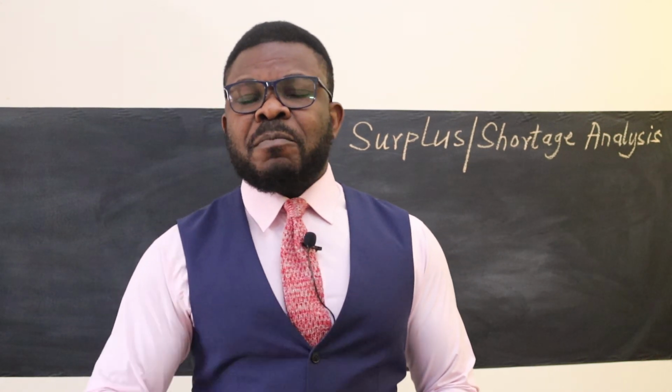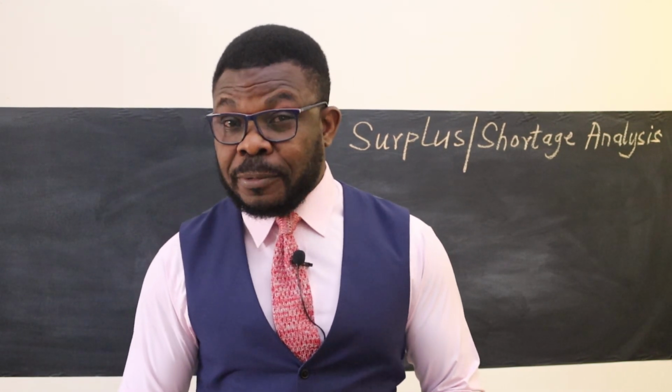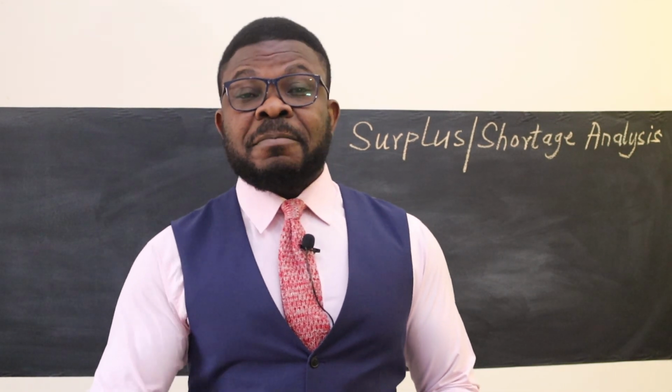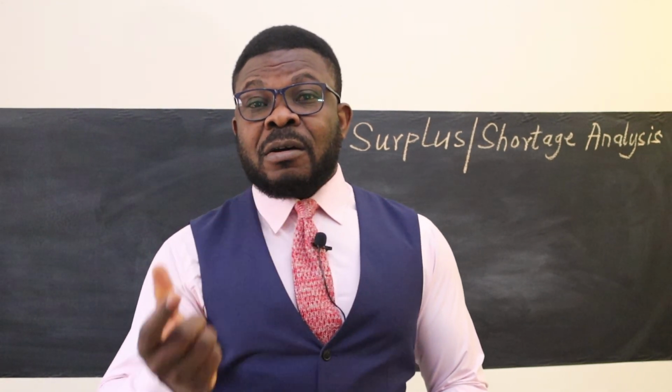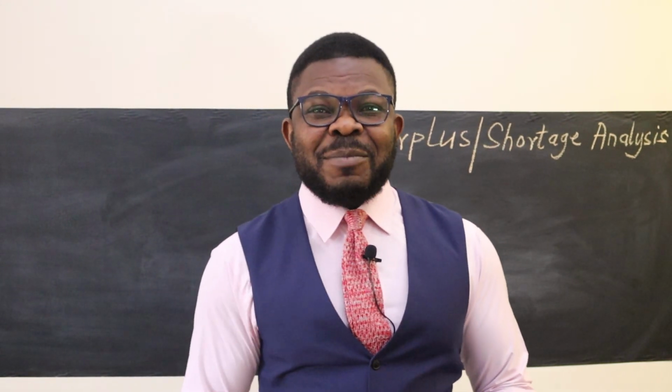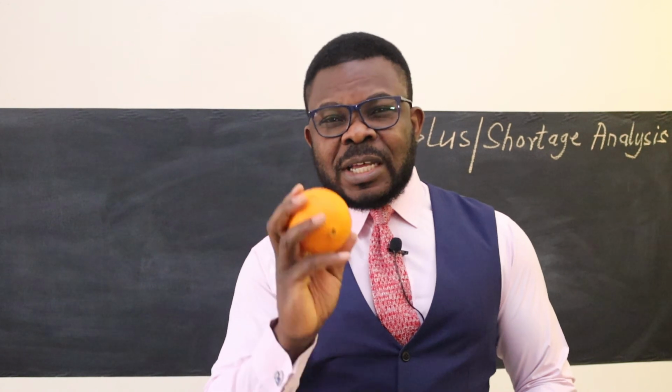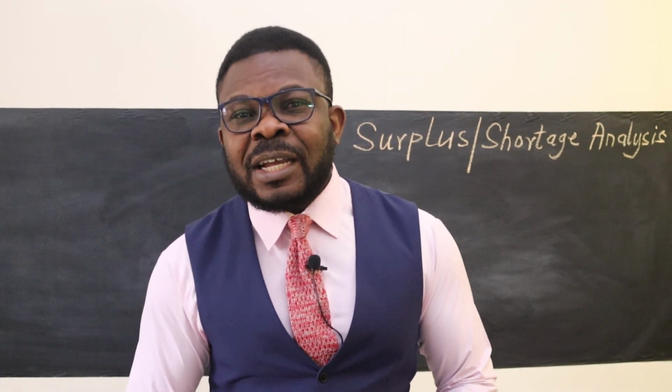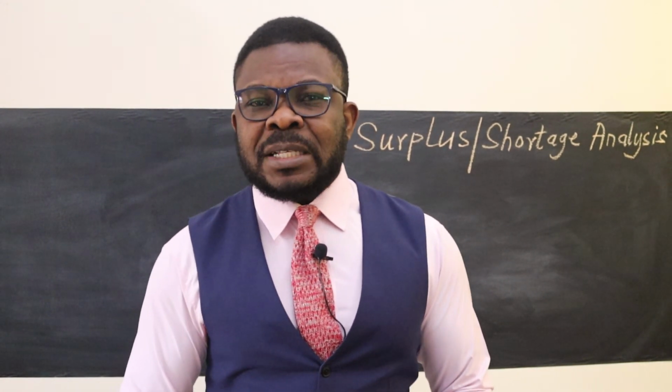If you get a question in microeconomics that asks you to analyze the level of shortage or surplus, then this is what you do. And again, I'm using the orange as an example. So let's look at the market for oranges and see what happens.